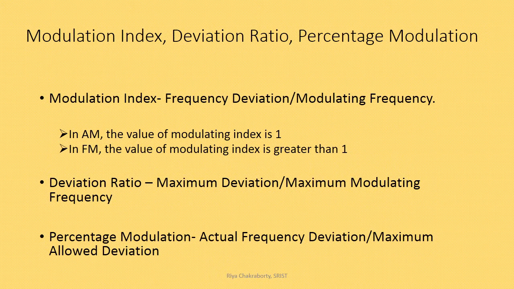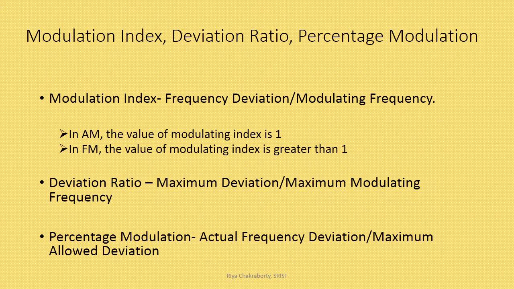In AM, the value of modulation index is 1. In FM, the value of modulation index is greater than 1. Now, deviation ratio. In a frequency modulation system, it is the ratio of the maximum frequency deviation of the carrier to the maximum modulating frequency of the system.